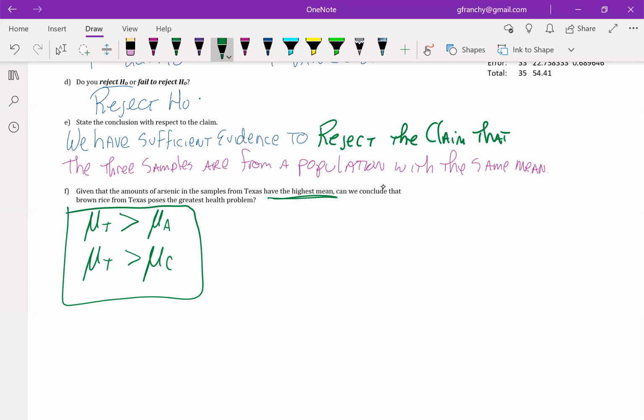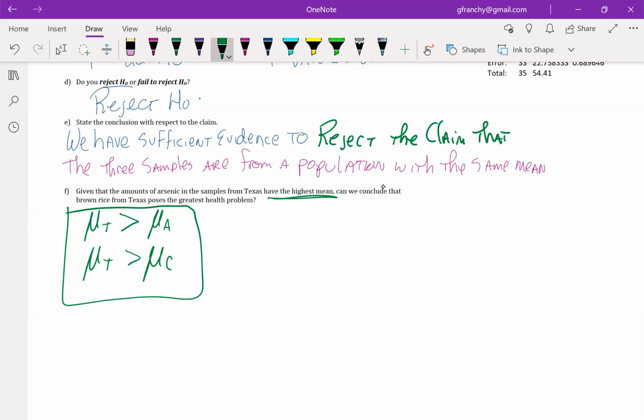I'm not sure how much arsenic you need to have in your system before it actually becomes a problem. That would be nice information to know. I don't know if arsenic builds up in your system over time or if our body can process it out, so unless we're eating rice from Texas constantly, would we get to a dangerous state before the other two states?